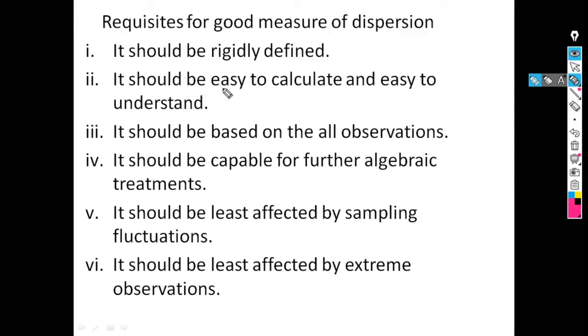Next, it should be based on all observations, so all observations are considered. Next, it should be capable of further algebraic treatment. By using this measure of dispersion we can do further algebraic treatments. It should be least affected by sampling fluctuation, so there should be least fluctuation. The last requisite is it should be least affected by extreme observations.